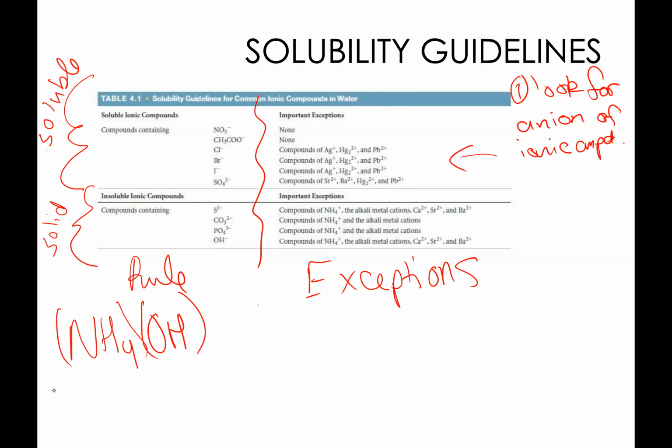Now let's look at the exceptions to make sure ours isn't one of them, and look at that. It says that ammonium, which is our cation, is one of the exceptions. So since all hydroxides are insoluble, but ammonium is one of the exceptions, that means this is soluble.